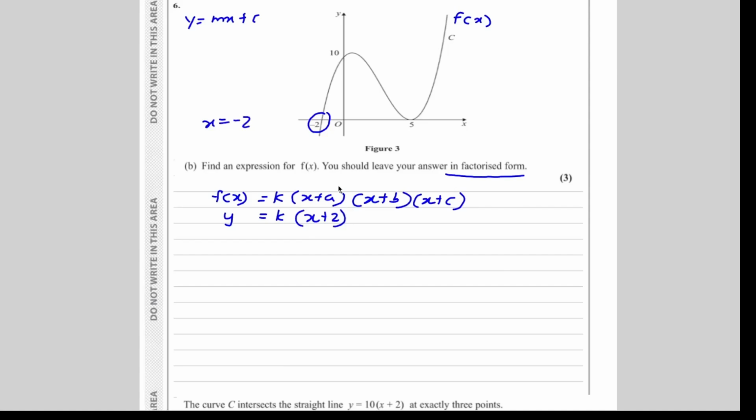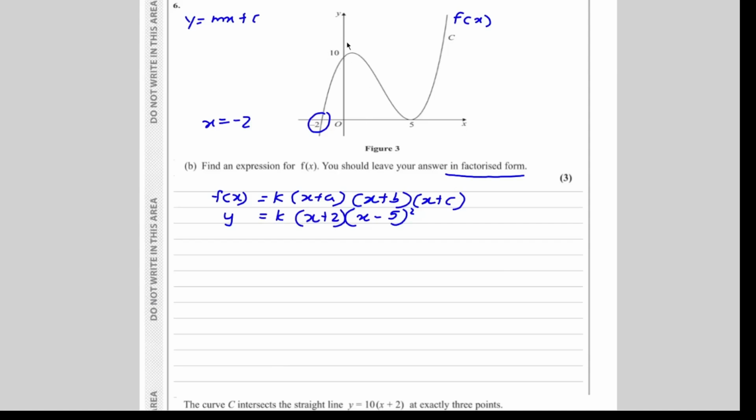So when converting to a factor, I need to write it the opposite way. The other one is touching, which means there are double roots. So x minus 5 repeats, so this is x minus 5 squared. We need to get what k is. Once we get k, we are done.